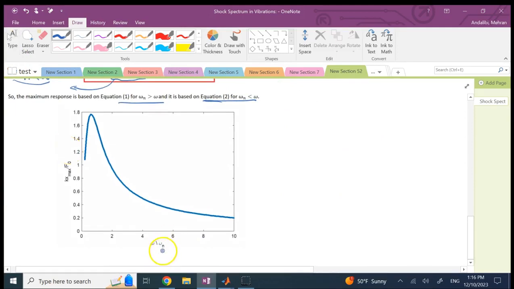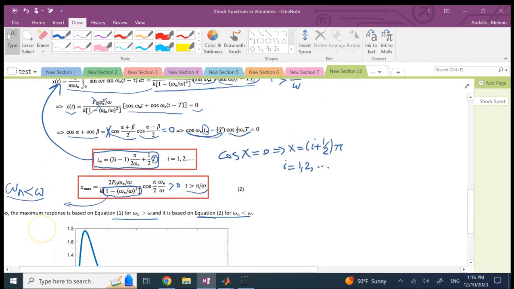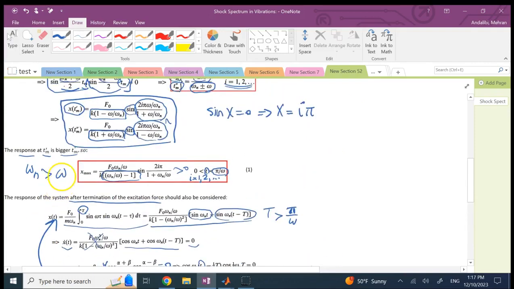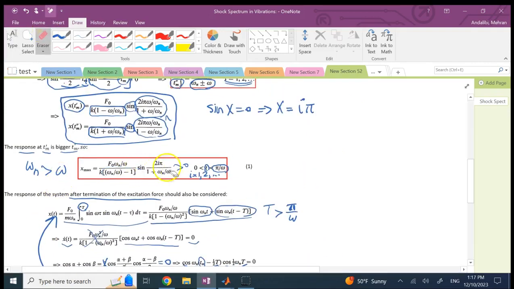So here the x-axis is omega over omega n, and the y-axis is k times x max divided by f naught. So the magnitude of the response of the system is normalized by the magnitude of the input divided by k, and you can see that term in both of them. If you look here, this f naught is here, and this k is here.